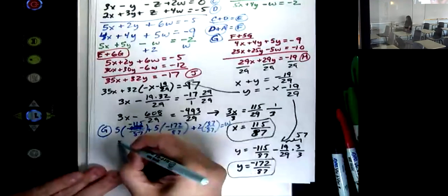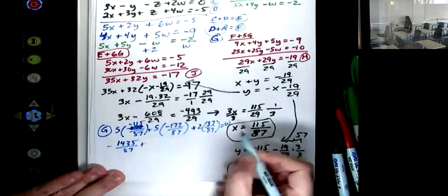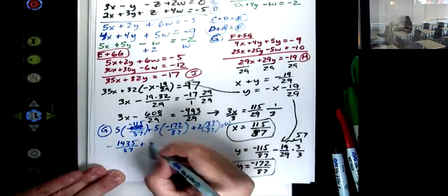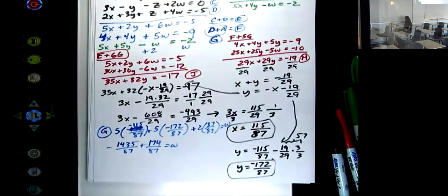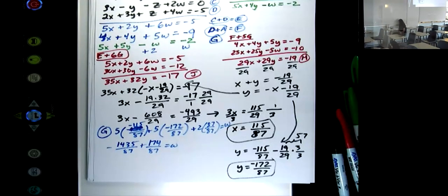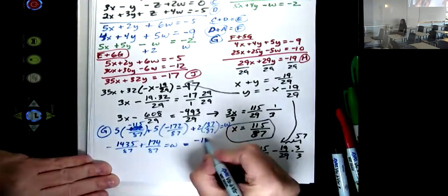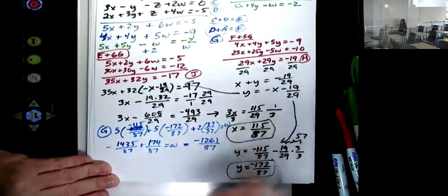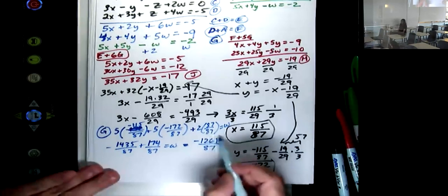This is 1435 over 87 negative, plus 2 times that is 174 over 87 equals W, which equals negative 1261 over 87. That's my W.